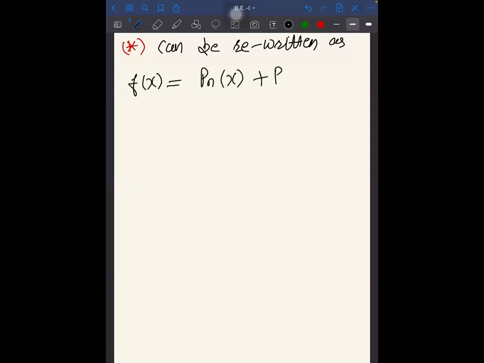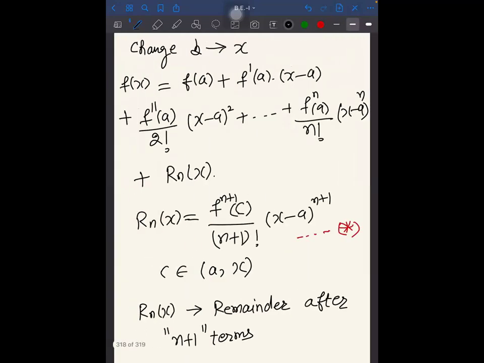So star can be rewritten as f of x is equal to Pnx plus Rnx. Can I write in this way? Are you with me on this?